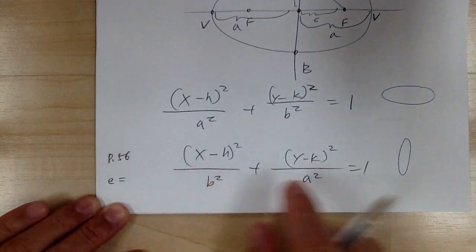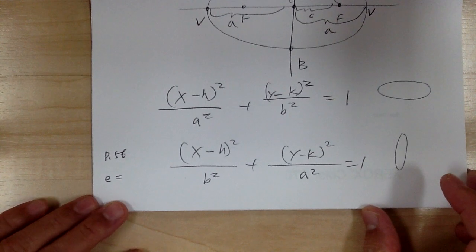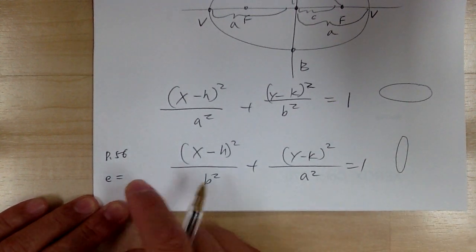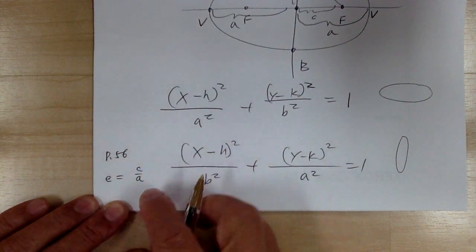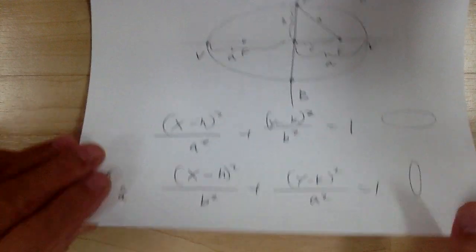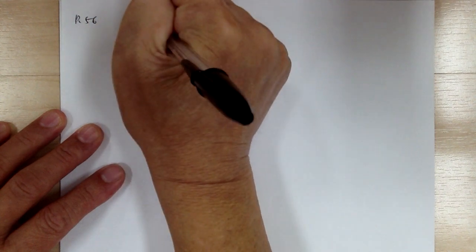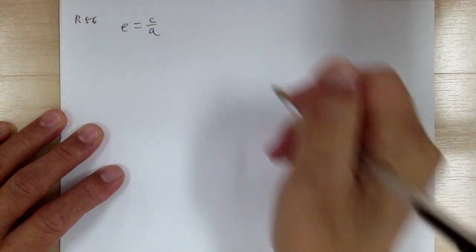Now this is not the natural log base e. This is just eccentricity, and it is equal to c over a, the ratio of c over a. So eccentricity equals c over a.